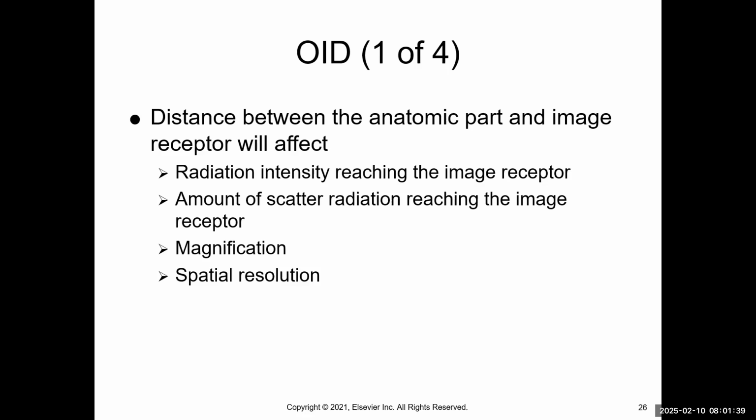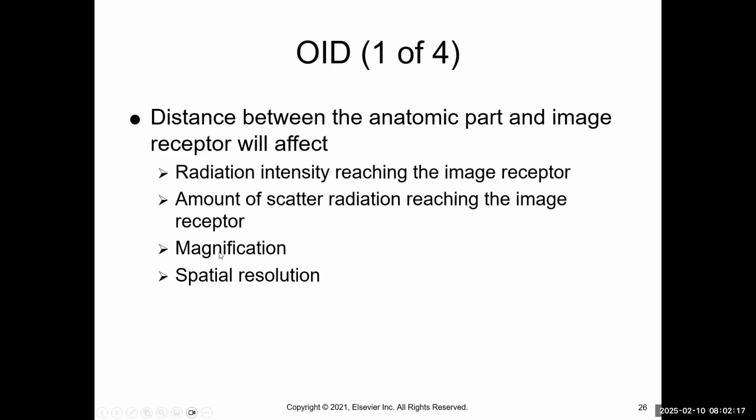The amount of intensity reaching the IR, which then also affects the amount of scatter reaching the IR, is really only true if you're talking about an air gap OID, meaning you have at least 6 to 10 inches of OID. If you just have an inch of OID, that's not significant enough to really see a difference in the amount of receptor exposure and scatter reaching the IR, therefore affecting contrast. So we're talking about air gaps when we talk about those first two.